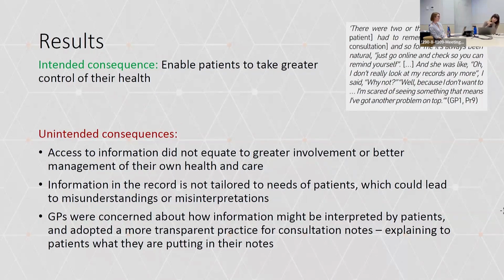The next one, the intended consequence is to enable patients to take greater control of their health. So for the unintended consequences, they found that access to information didn't actually equate to greater involvement or better management. And the information in the record was not really tailored to the needs of the patients. So it led to misunderstandings and misinterpretations, meaning the information in the record was put in there by providers, but they weren't really putting it in there based on what the patient would be able to understand.